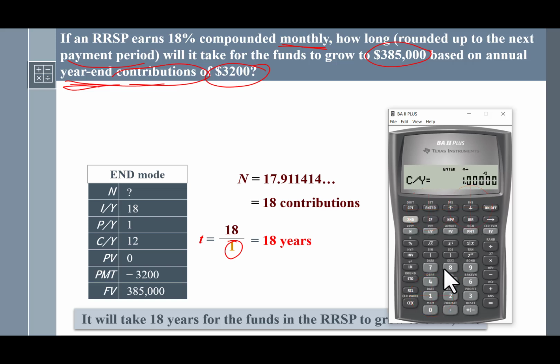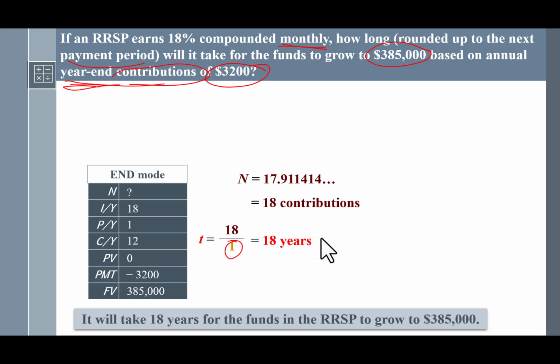Go to CY, enter it as 12. Then quit. And the present value is 0. PMT is 3,200, but it's a payment, so it's a minus. And the future value is 385,000. Now we press CPT and you will see that the answer is indeed 17.9114. Rounding to 18, divide by 1, that's 18 years.